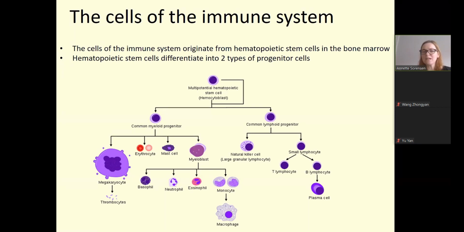The myeloid progenitor cells are the ones which then differentiate into all of the white blood cells. On the other side, the lymphoid progenitor cells can differentiate into the T and B lymphocytes, which are part of the adaptive immune system that we're going to talk about later on. The progenitor cell to the natural killer cell is also down the lymphoid lineage, as you can see in the diagram here.